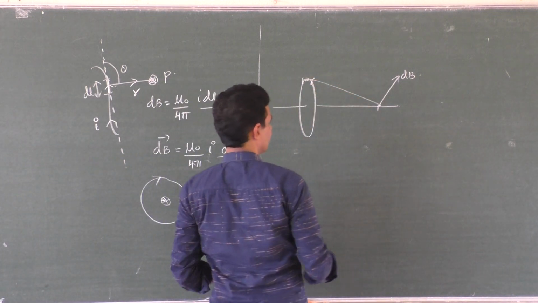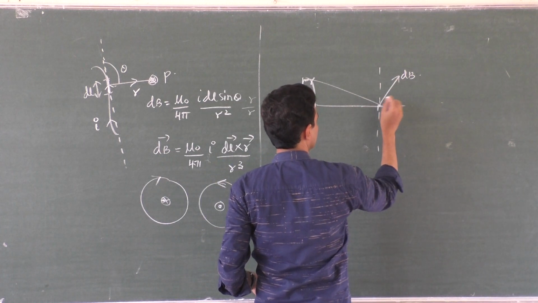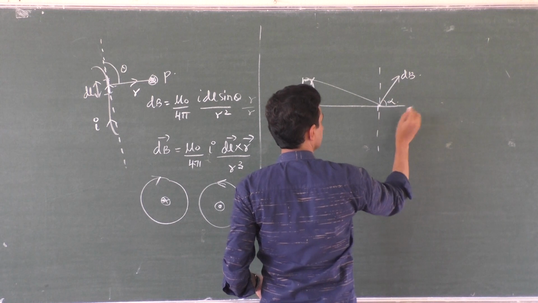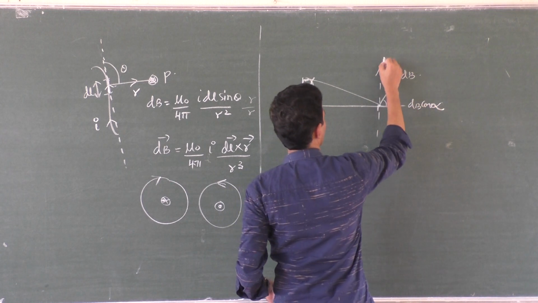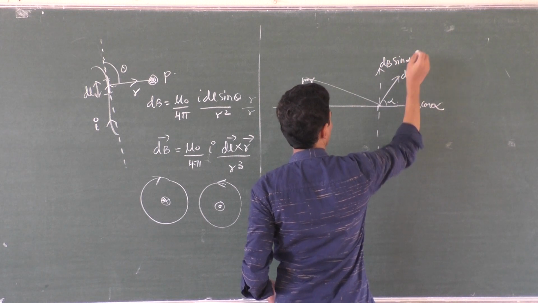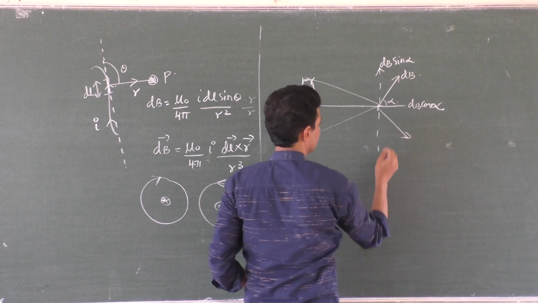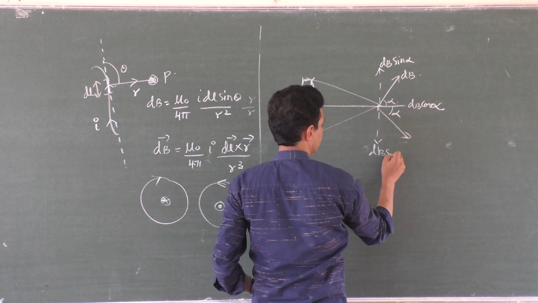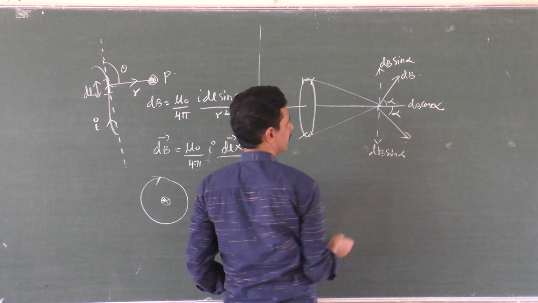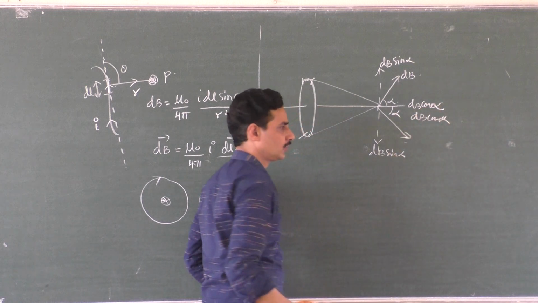We draw a perpendicular here like this, and if this is alpha, then dB cos alpha, dB sin alpha, something like this we have found out. And again another element taken here, and its magnetic field will be like this. This is also alpha. Again this can be split into dB sin alpha, or dB perpendicular and dB parallel, right? dB cos alpha. Then we have added this 2 dB cos alpha.